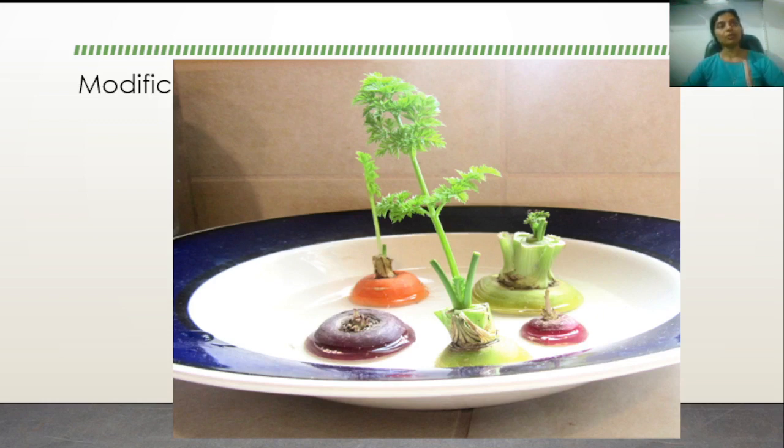Furthermore, if you plant it in soil, it's going to regenerate, or grow into a complete plant of the same type and produce more carrots, more beetroot, more radish, and so on.